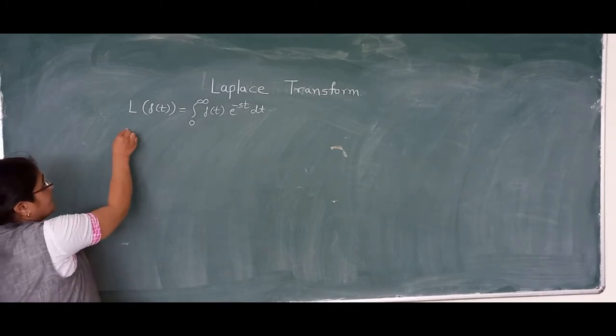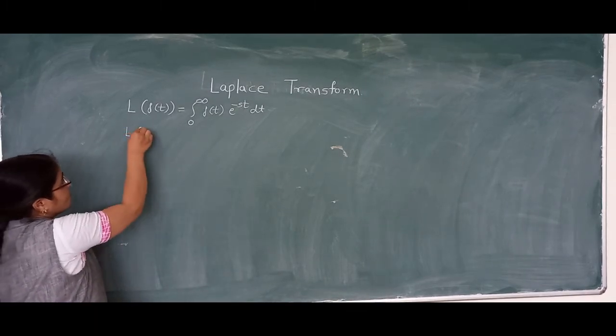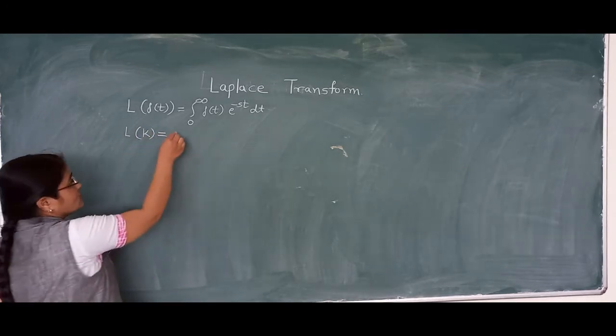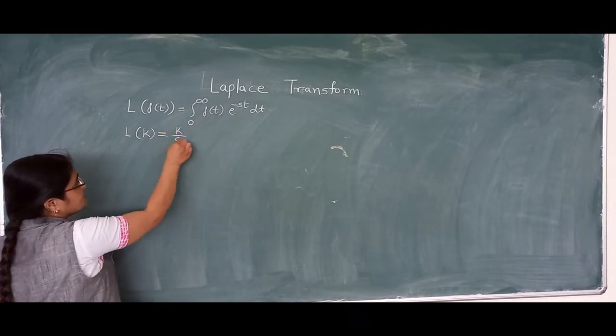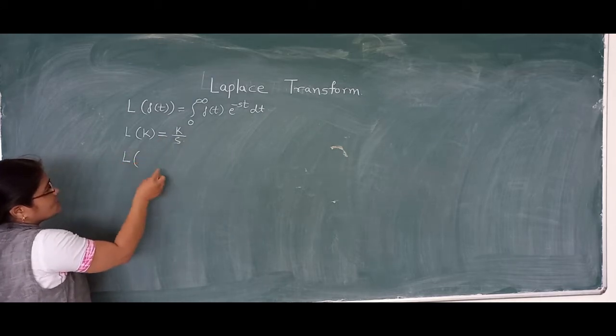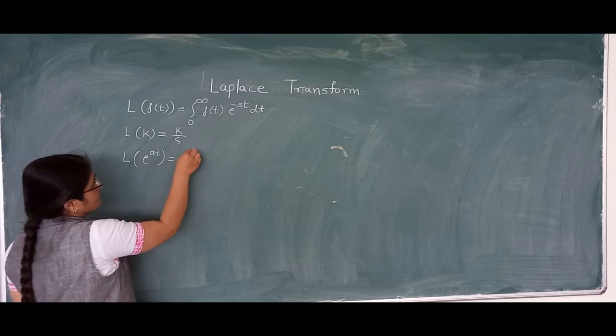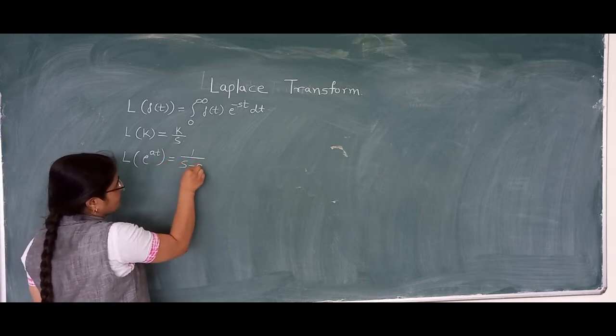Then we found the Laplace transform of elementary functions. That is, Laplace of k is k by s. Laplace of e raised to at is 1 upon s minus a.